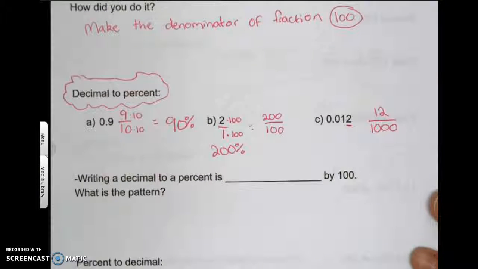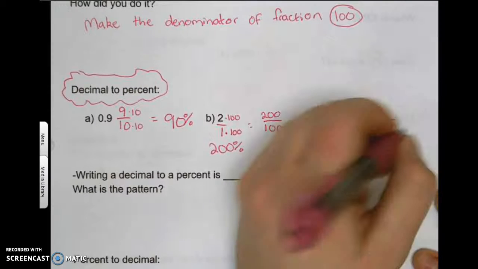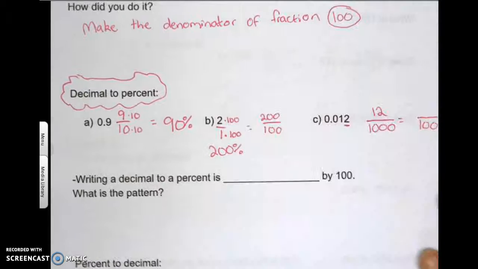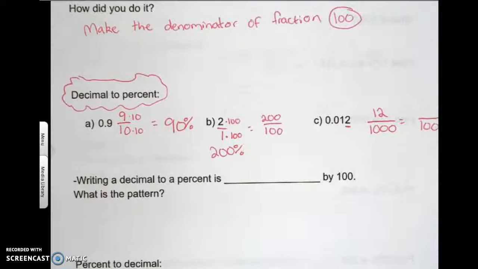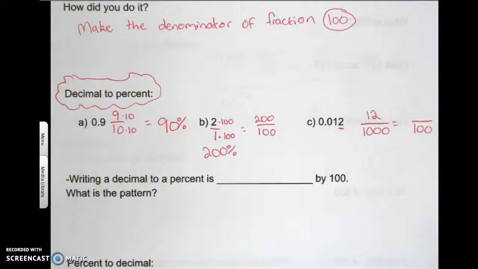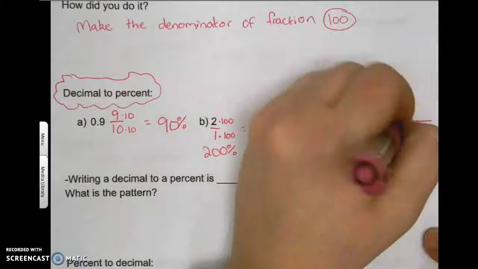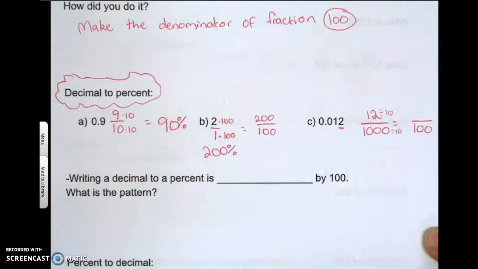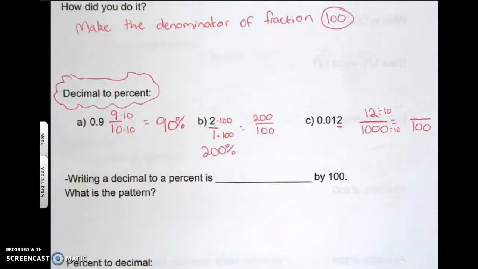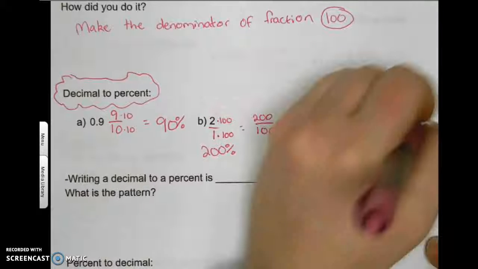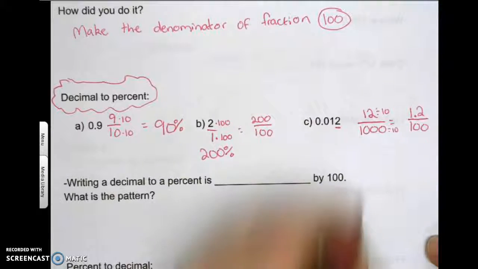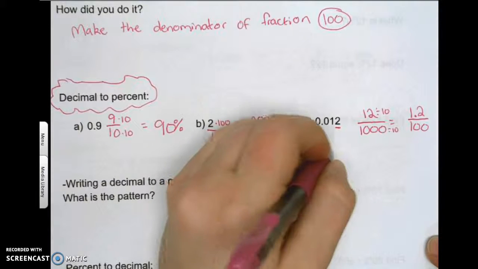So now if I want to change that so my denominator is out of 100, I need to divide now. Making it smaller, I have to divide. In order to get from 1,000 to 100, we're going to divide by 10 and divide by 10. 12 divided by 10 is going to give me 1.2. So my percentage is going to be 1.2%.